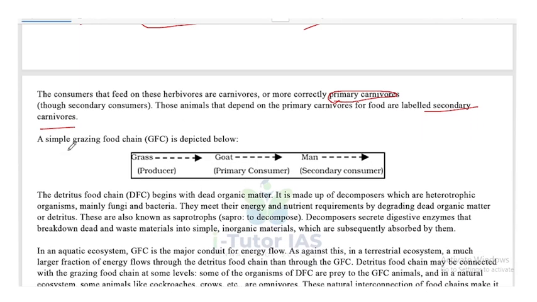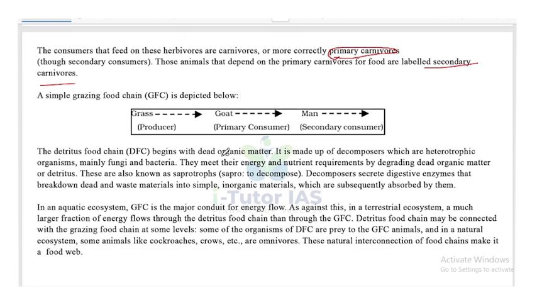A simple grazing food chain diagram is depicted below. Grass is eaten by a goat, and the goat is in turn eaten by humans. So grass is the producer here in the food chain. The goat, which consumes the grass, is the primary consumer, and man, who consumes the goat, is the secondary consumer.